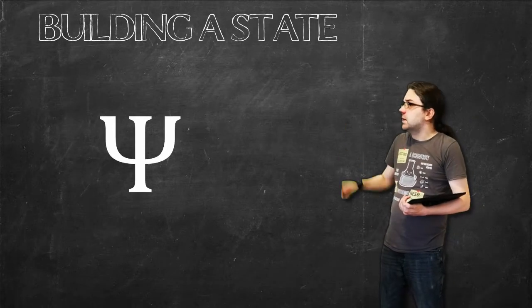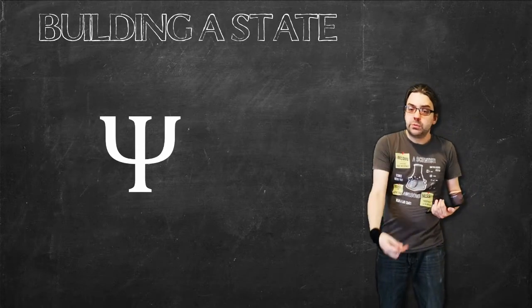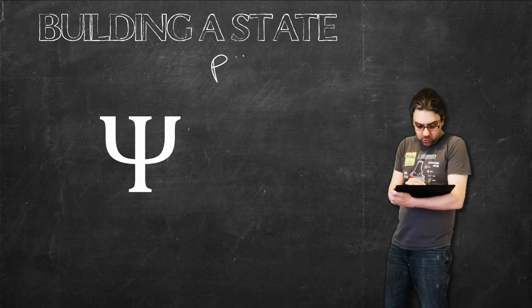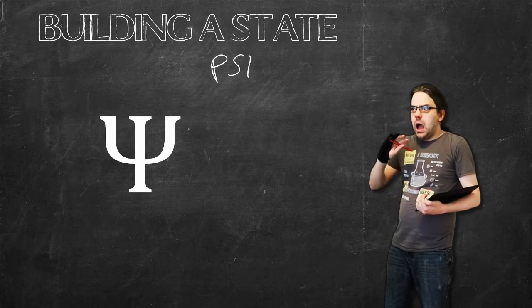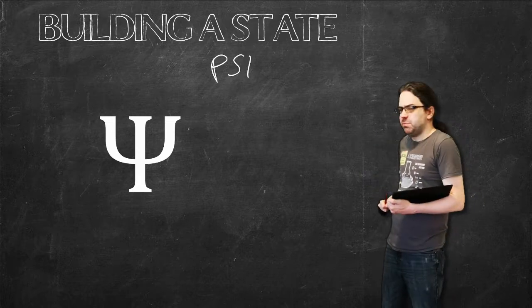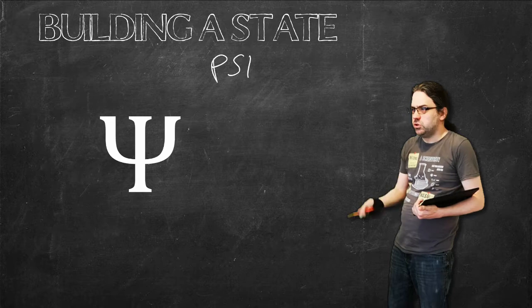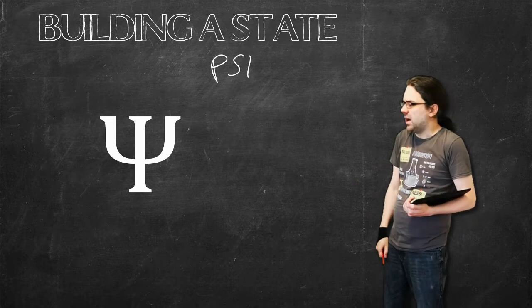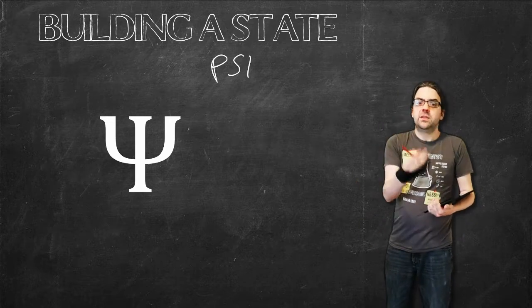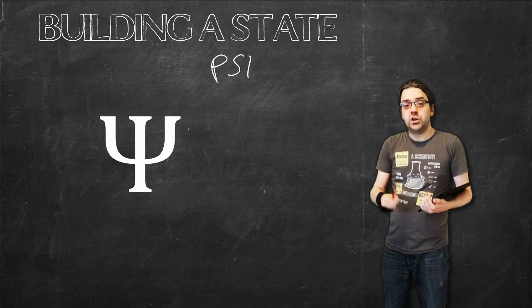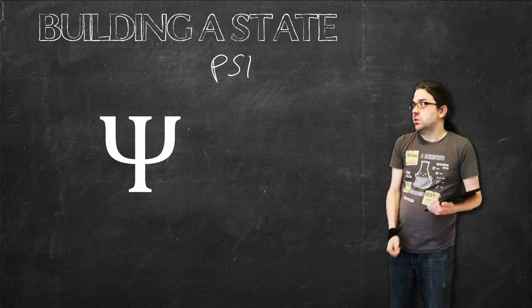Now, we're going to build a state. And the notation we need to talk about is this, the Greek letter psi. I'm not going to embarrass myself by trying to do the Greek pronunciation properly throughout this. I will just call it psi. And this is a symbol that we will see repeatedly. And if you see it, it just means quantum state.